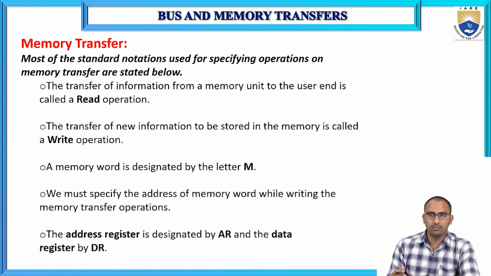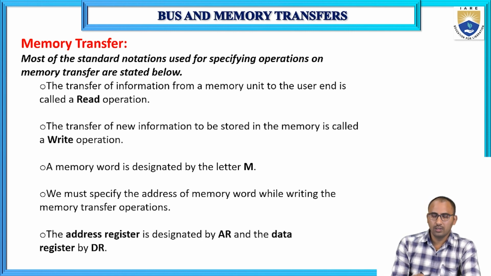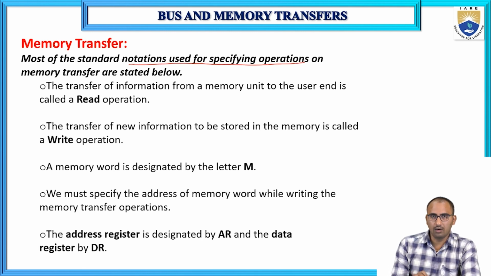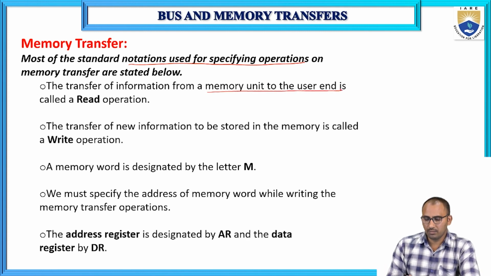Most of the standard notations used for specifying operations on memory transfer are stated below. The transfer of information from a memory unit to the end user. So we have a memory like this.